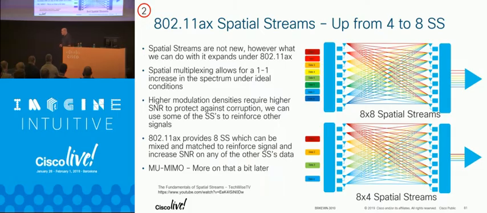And spatial streams has been kind of a boon, because if we don't need to use those spatial streams all for data, we can actually use 2 of them to reinforce client link or beamforming, right? We can increase the amount of energy going to a specific client and improve its SNR. So there's all kinds of good uses for spatial streams.